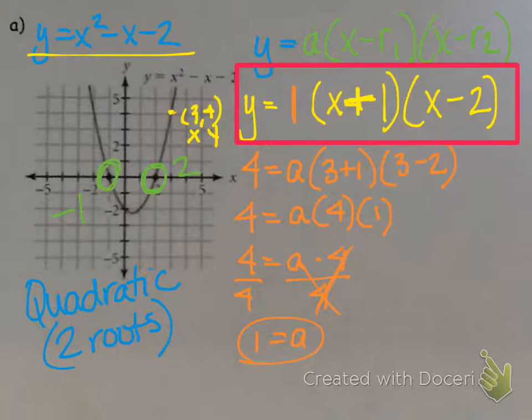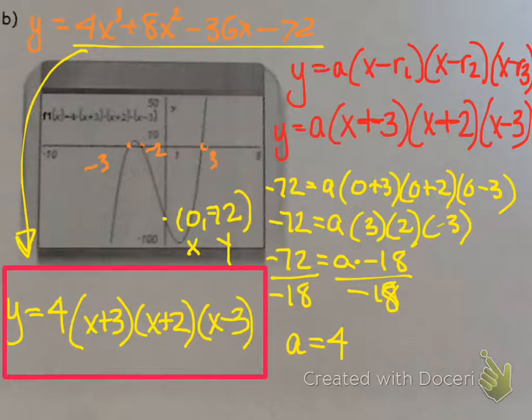Well, a is always in front of the highest power of x, so a is 1. Do you think it's a coincidence that a is also 1 when we solve the problem for a at the end? Probably not. Let's look at b. Again, we have a in front of the highest power of x. x cubed is the highest power of x, so a is 4. And when we solve for a, we also got 4.